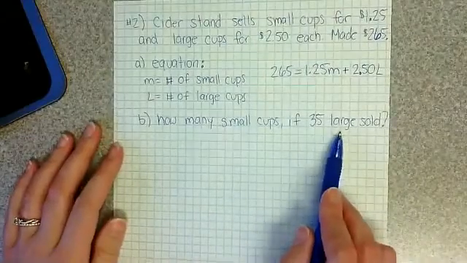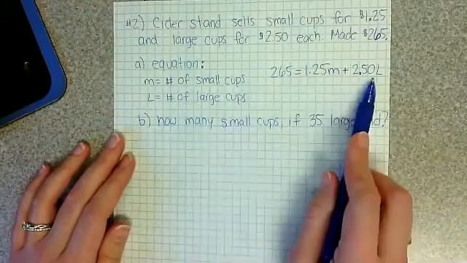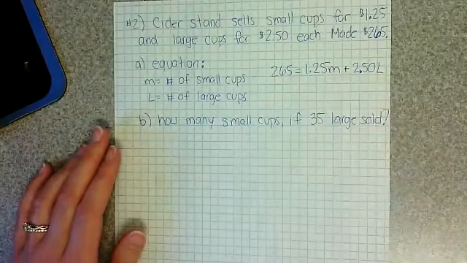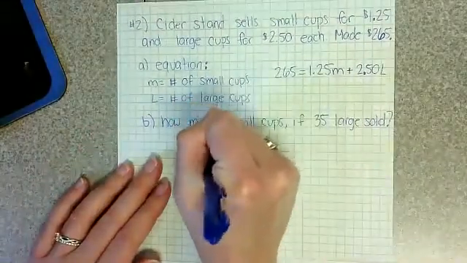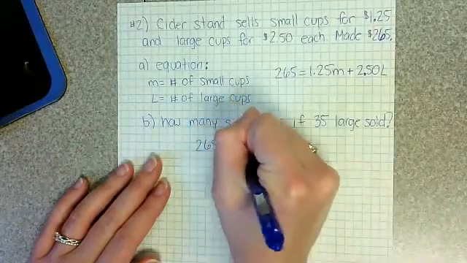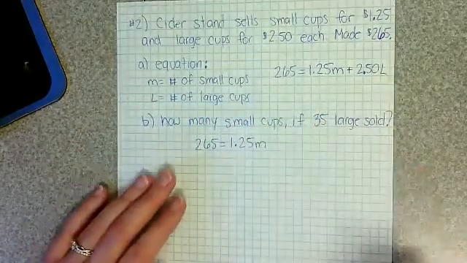So if 35 large cups were sold, I'm going to put that in for my L. Okay, so Jonathan, you asked how we were going to solve this. My equation would become 265 is equal to 125N. I got that.